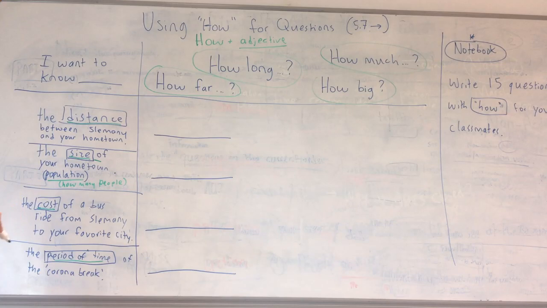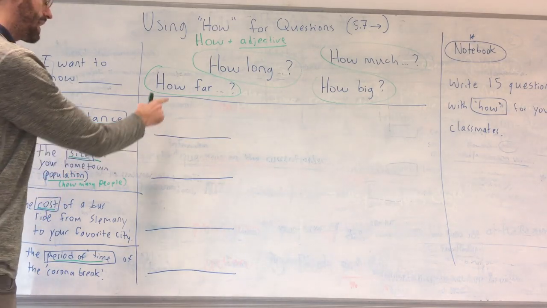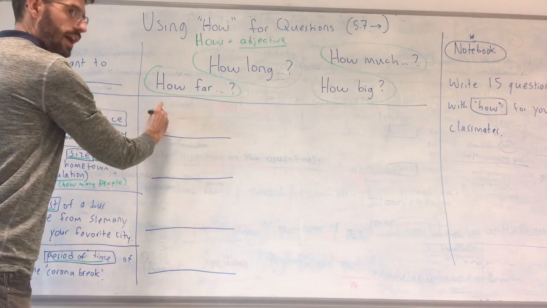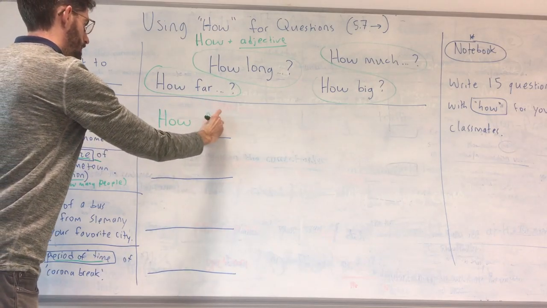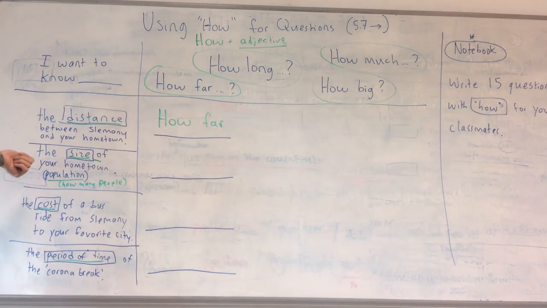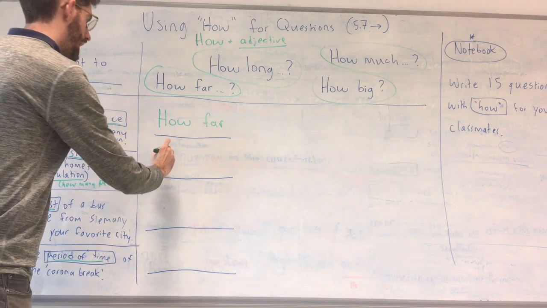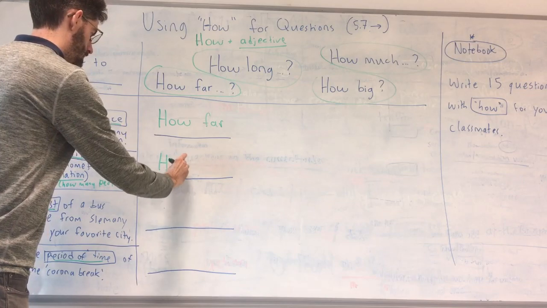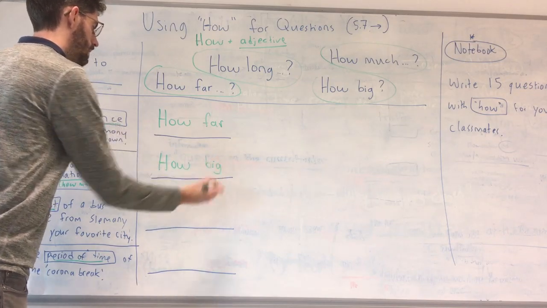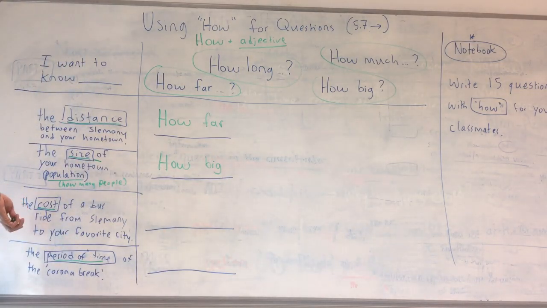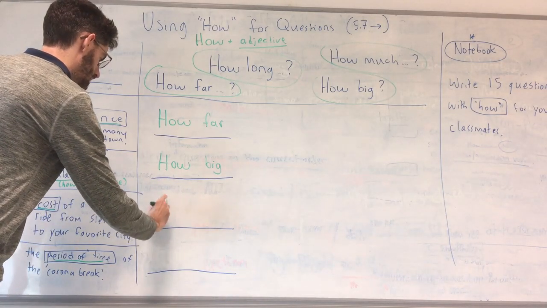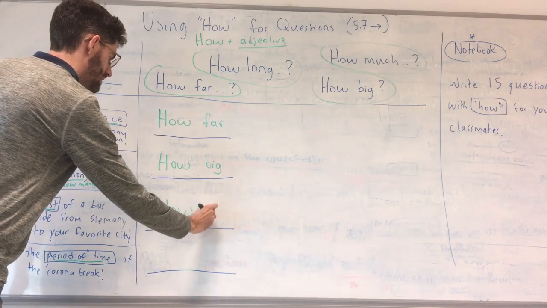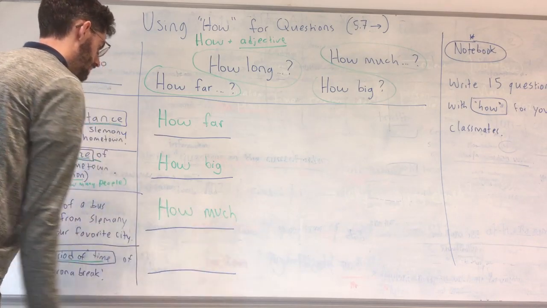Okay. Here are the answers. The distance, I can use how far. The size of something, you could say how big. Okay. The cost of a bus ride, the cost of something, how much. Okay.